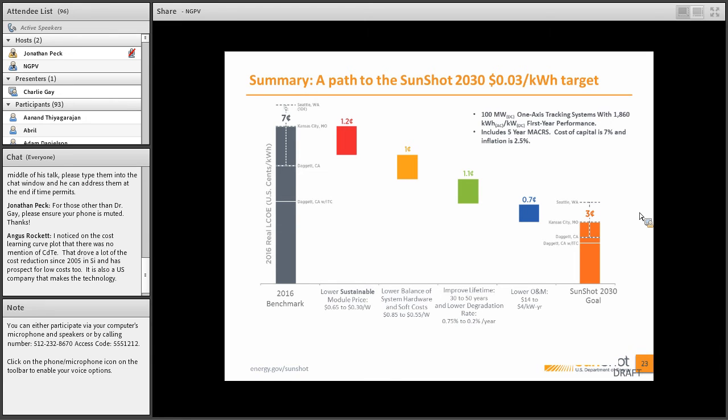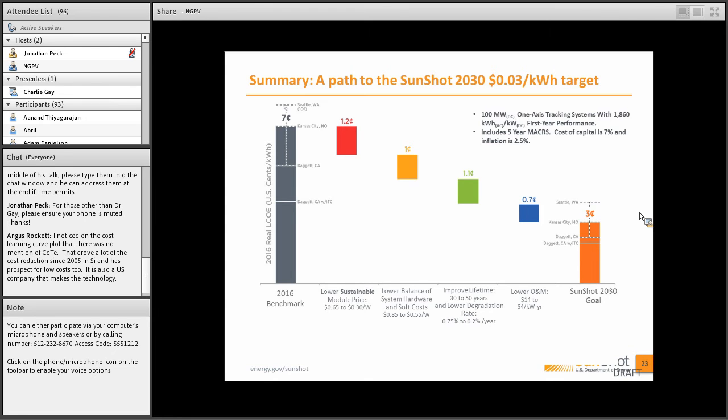A lot of the great modeling work that Mike Woodhouse, Robert Margolis, and Dave Feldman have done at NREL enabled us to put together a series of charts. What are the dials, whether they're efficiency, durability, automation, that can get us to that 3 cent goal.